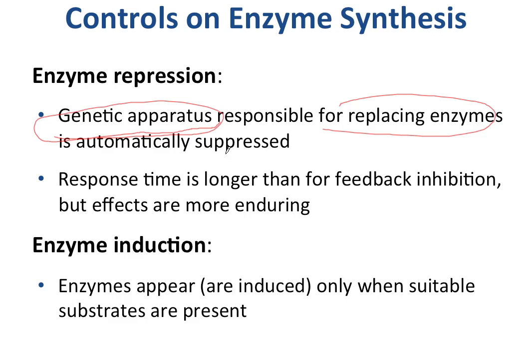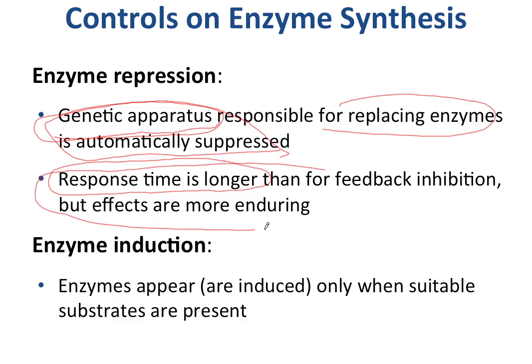This is a very long pathway, right? This pathway is involved in transcription and translation, so it takes a long time to go through. But this pathway is very strong, and if this pathway is initiated, the effect is long.